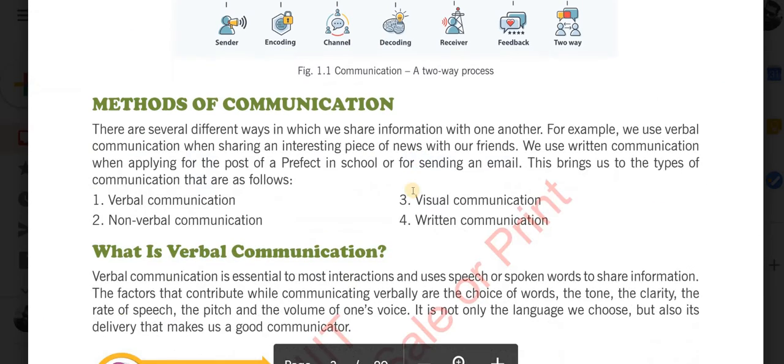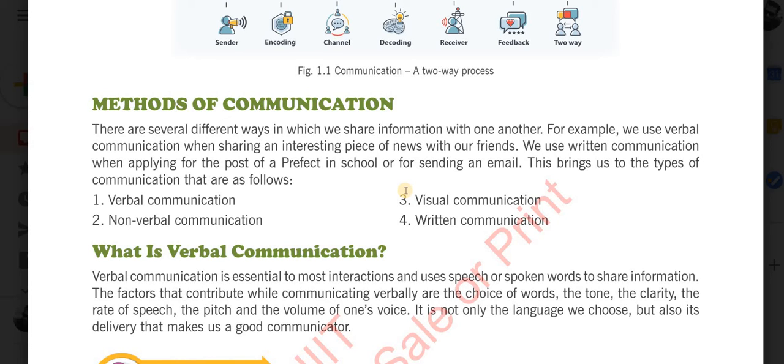Let's see the methods of communication. The first one is verbal communication, the second is visual communication, the third is non-verbal communication, and the fourth is written communication. Verbal communication is this: I am talking to you and you are reciprocating with me, between two or more people. The second one is visual communication.